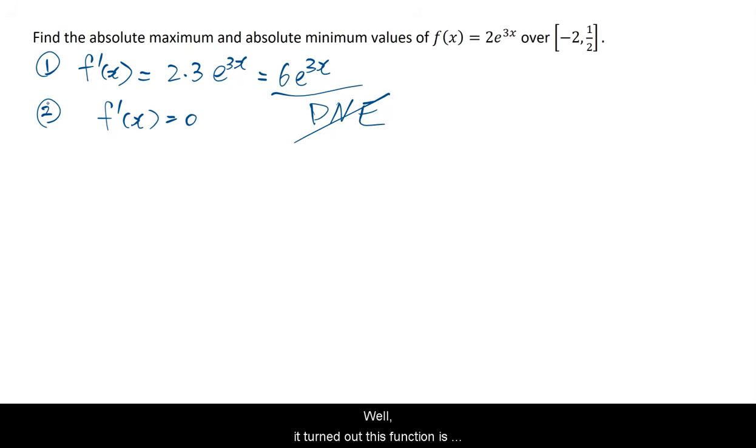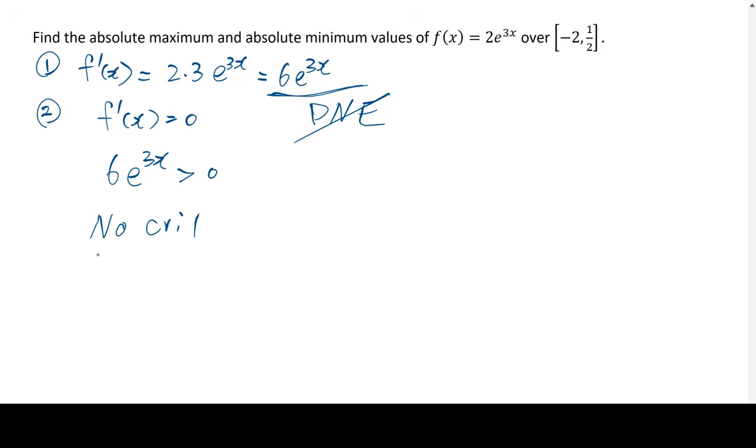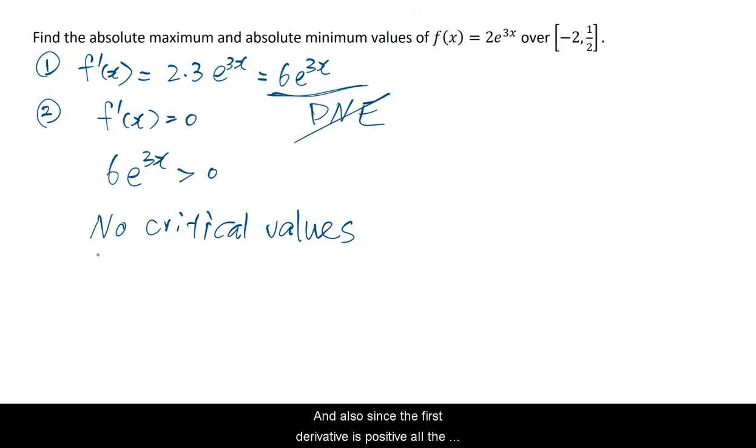Well, it turns out this function is never equal to 0, right? 6e to the 3x is always positive and is never equal to 0. What does it mean? That means this function has no critical values, and also, since the first derivative is positive all the time, it is an increasing function.